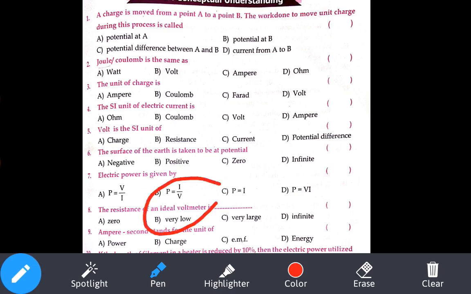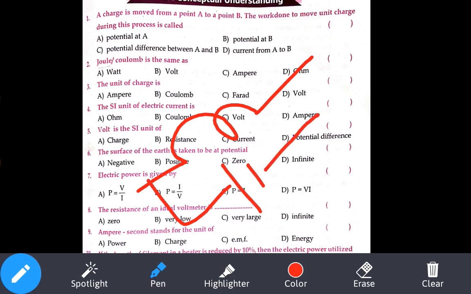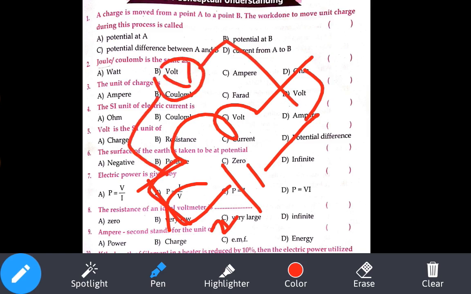The resistance of an ideal voltmeter. If you connect a bulb to a source, the current will move in this path. If you connect a voltmeter here, this voltmeter tells about the potential difference across this bulb. Now at this junction, current divides into two paths. When current passes through it, the voltmeter also consumes a little amount of current.